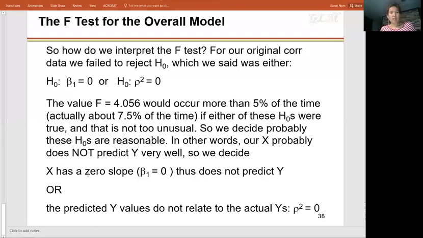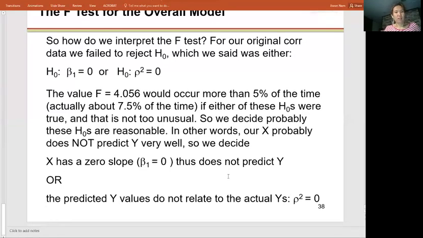So X has a zero slope. If your X has a zero slope, that means X does not predict Y very well. Predicted Y values do not relate to the actual Y. So correlation is zero. The end.